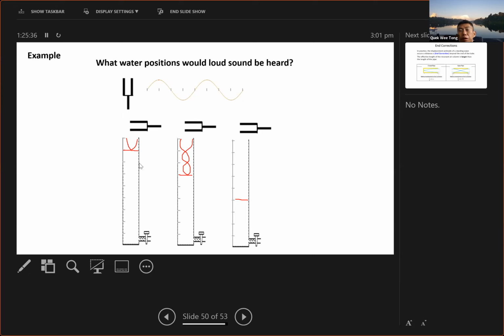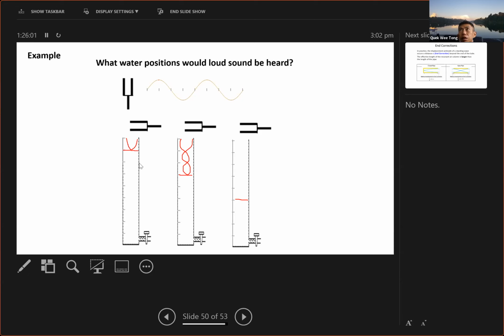Another way of thinking about it is to think of the whole air column as an oscillating object, in the sense of SHM. For example, a pendulum has a natural frequency.